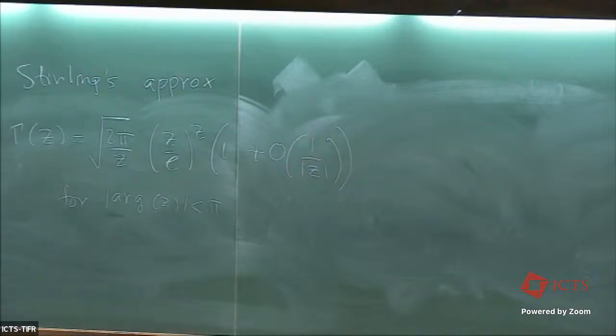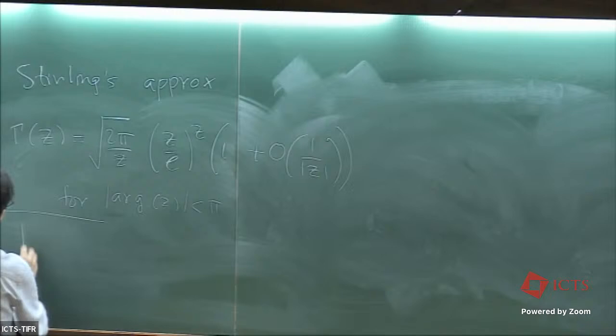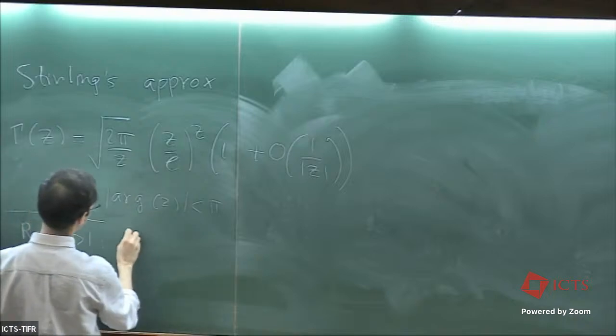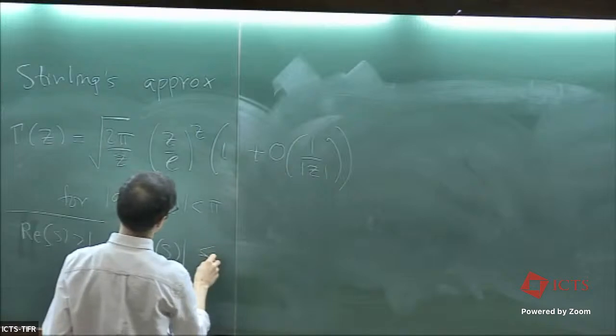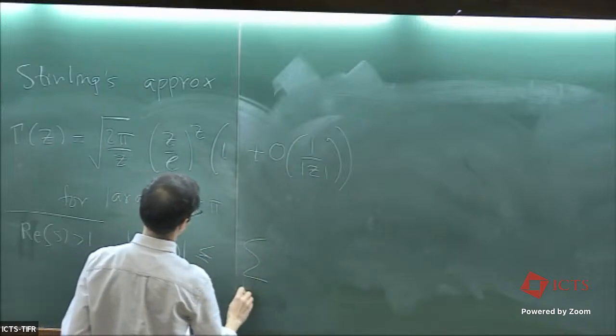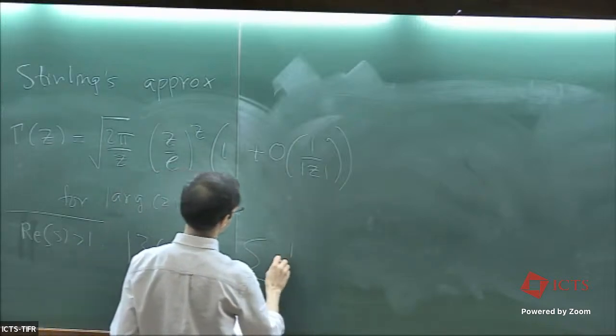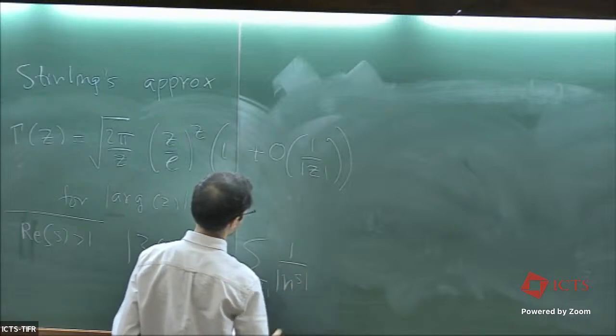You can essentially use that in order to find how fast the Riemann zeta function grows. For example, if the real part is bigger than 1, you can literally just put the absolute value inside, and you get 1 over the absolute value of n to the s.